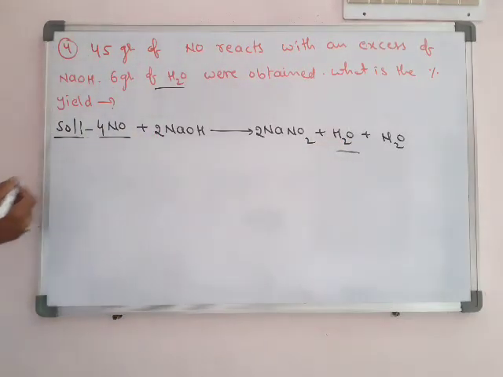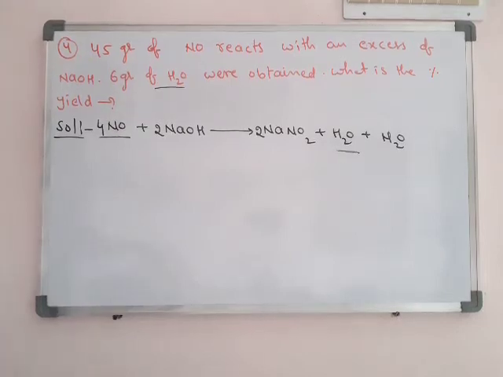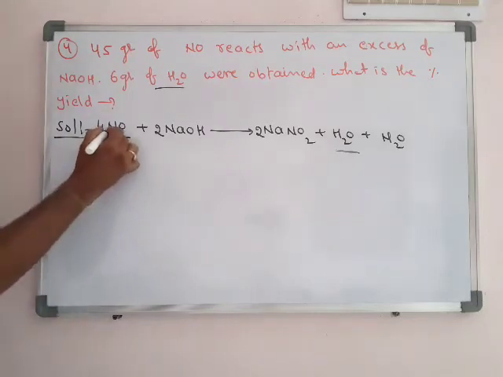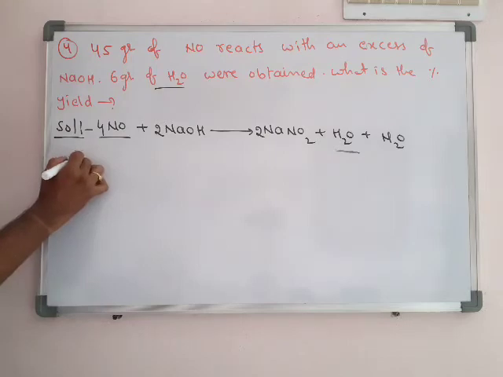So here 4 NO is given in terms of mass. So what is the mass of NO? It's 14, 16, 30 grams. Okay, 4 into 30 grams, 4 moles.